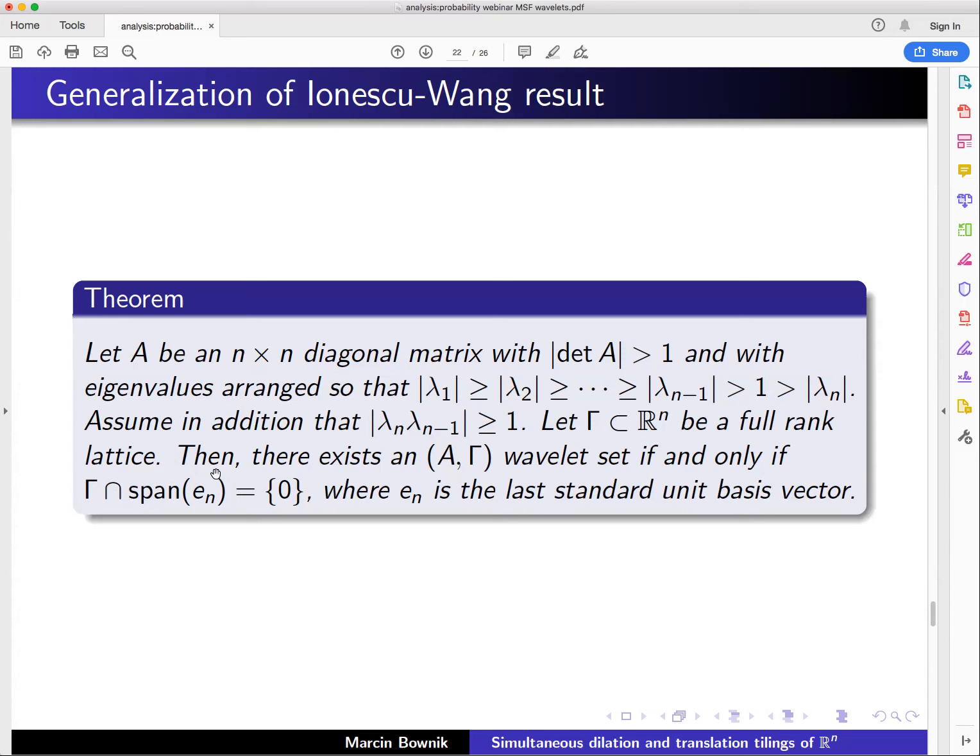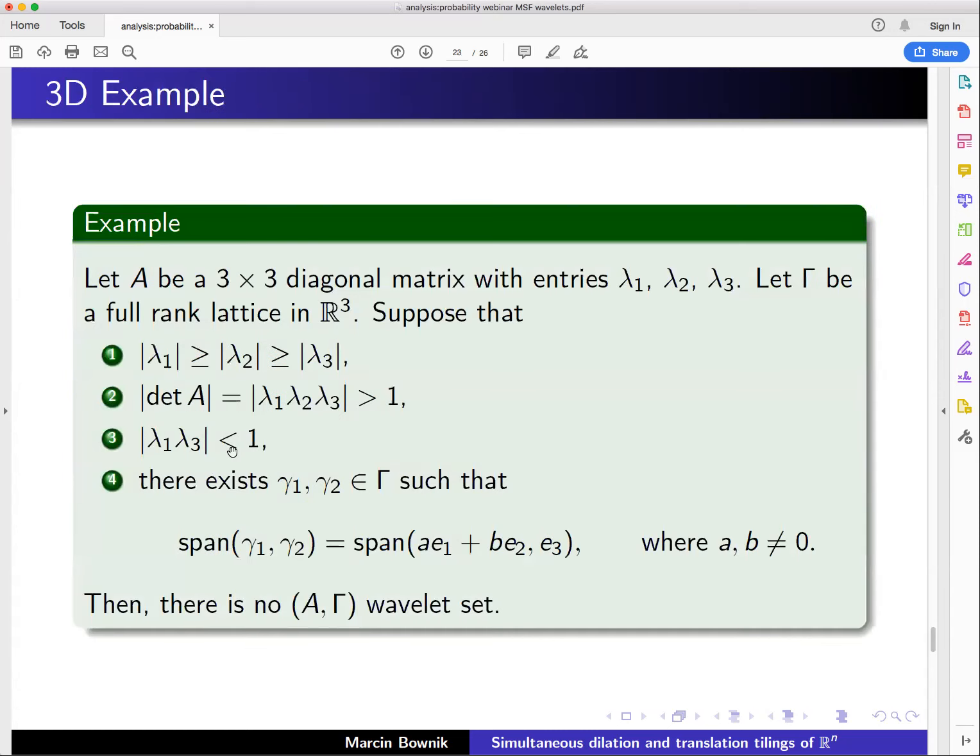Why is it not sufficient? I have an example that's maybe a little bit hard to follow, but it's a 3D example. You have again a diagonal matrix with eigenvalues lambda 1, lambda 2, lambda 3. Put them in decreasing order. In terms of volume, your dilation is expanding, but lambda 3 is really quite below 1, in the sense that when you multiply by the largest eigenvalue, it's still below 1.